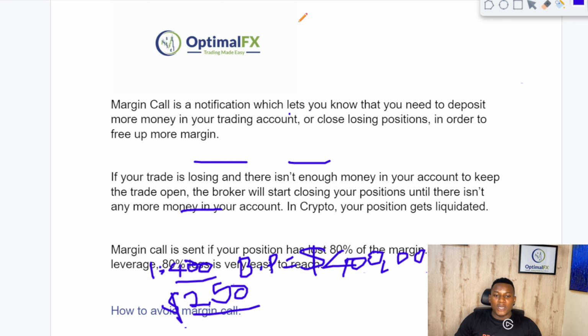Why? Because you do not have enough money to continue holding one standard lot in the market. Let's say the trade continues going against you and you lose another $250. That means your broker now will reduce that position from 0.75 to 0.5 lots.